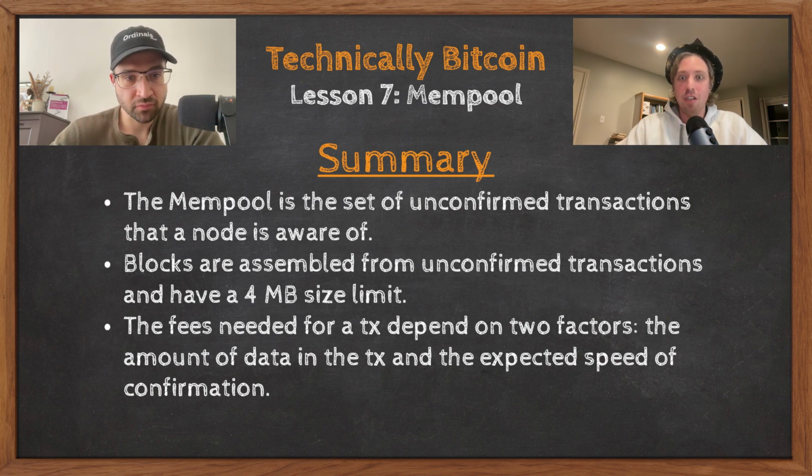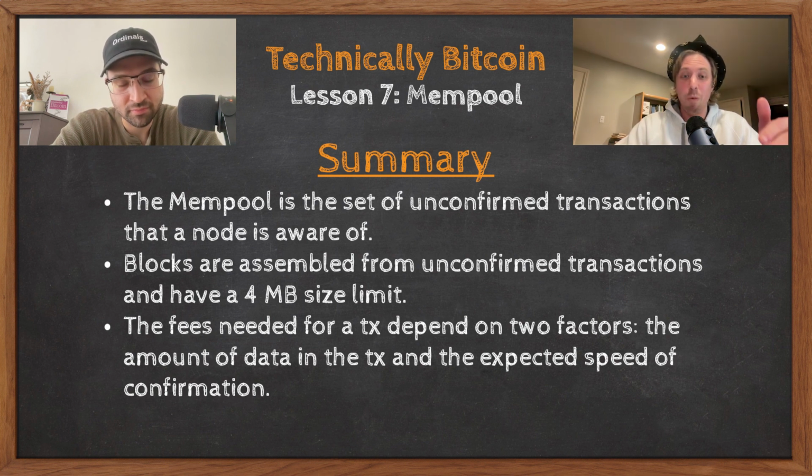And then finally, each unconfirmed transaction has a fee associated with it. The fee needed for that unconfirmed transaction to actually become confirmed will depend on two factors. The first is the amount of data in the transaction. And that amount of data, remember, is driven up by the number of inputs and outputs as the primary factors. It has nothing to do with the total amount of Bitcoin moving around.